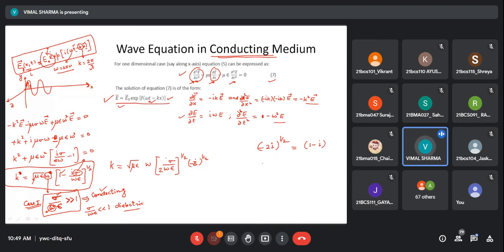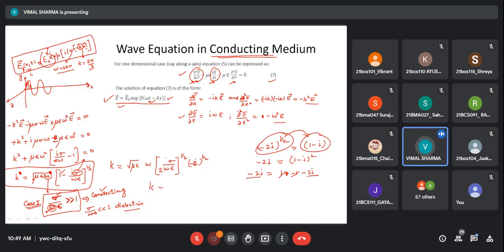You can see this: minus 2 iota is equal to 1 minus iota squared. You expand this, you get 1 squared, plus square of iota is minus 1, and it is minus 2 iota. So that means I can replace minus 2 iota whole under root by 1 minus iota.